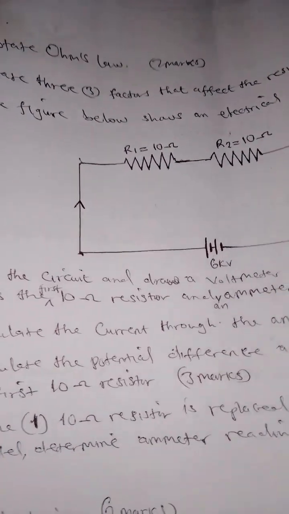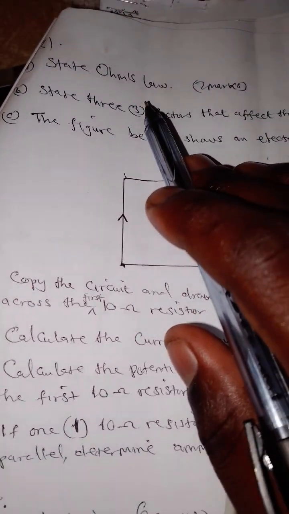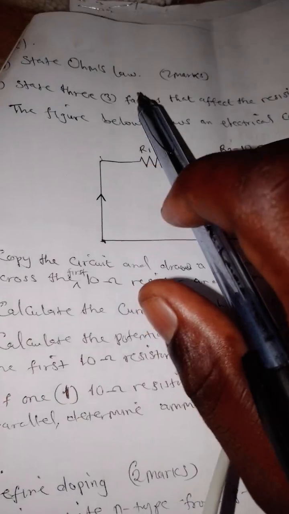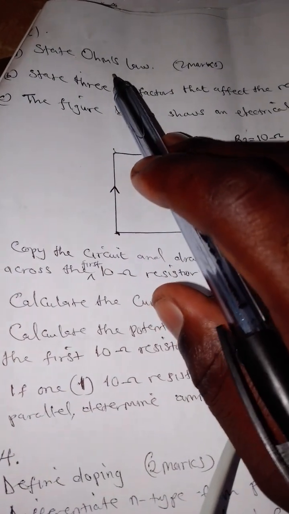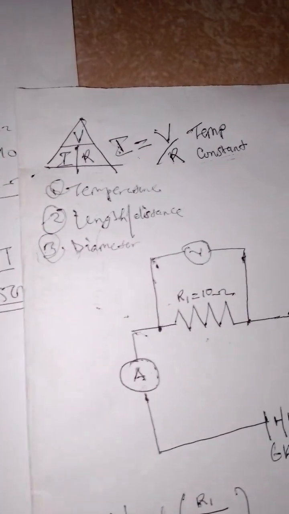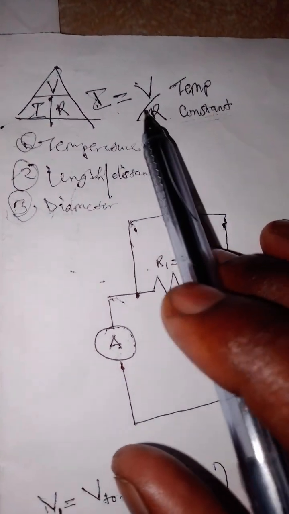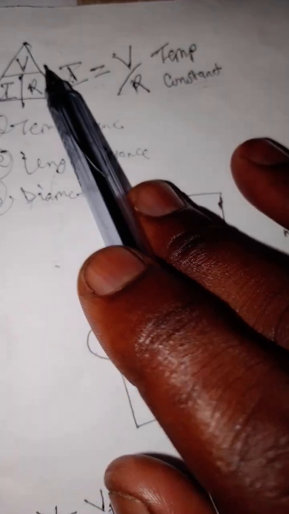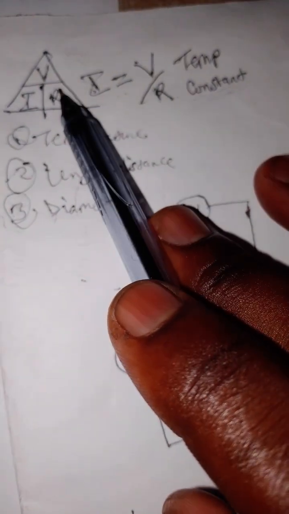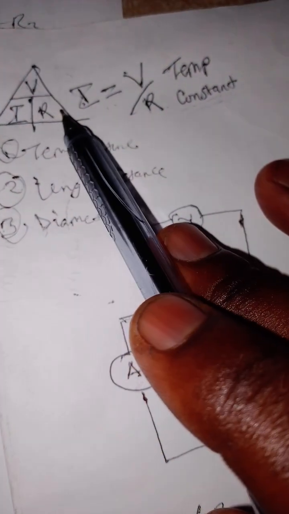So here, when you have current circuit, the question says state Ohm's law. Here you have to use a simplified way of defining Ohm's law. This is voltage, current, resistance.